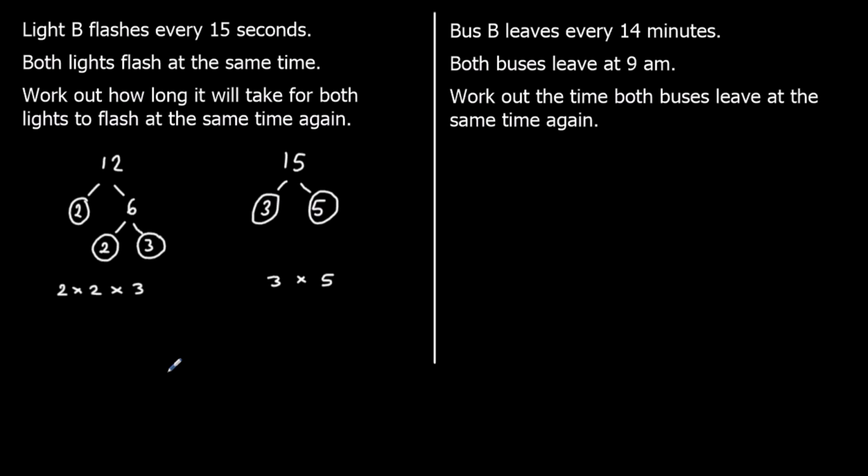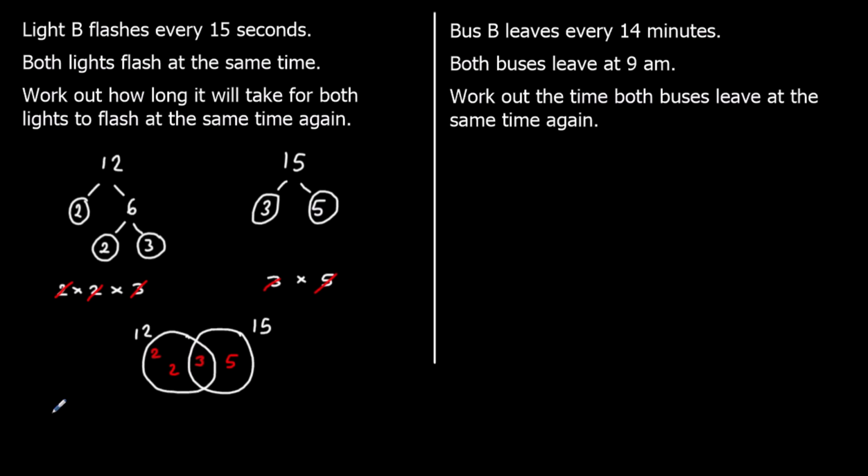I'm going to put this into a Venn diagram. So I'm going to have a 12 circle and a 15 circle. So they've both got 3 as a factor. My 12 circle needs 2 2s, and my 15 circle needs a 5.